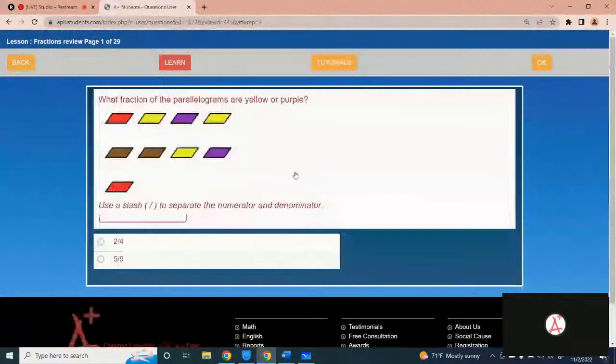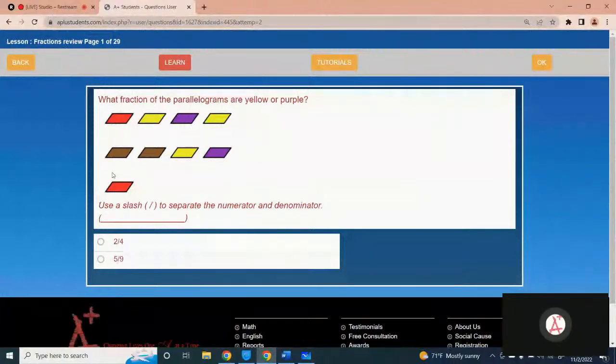What fractions of the parallelograms are yellow? So first, you have to count the total number of parallelograms. How many parallelograms do we have? 1, 2, 3, 4, 5, 6, 7, 8, and 9. So total parallelograms we have are 9. Now we need to count how many of them are yellow.